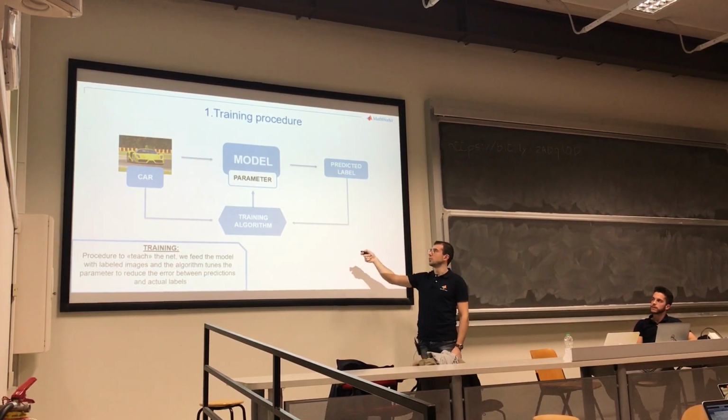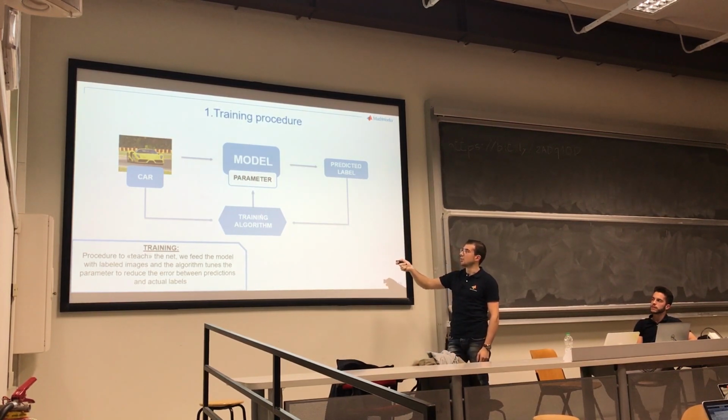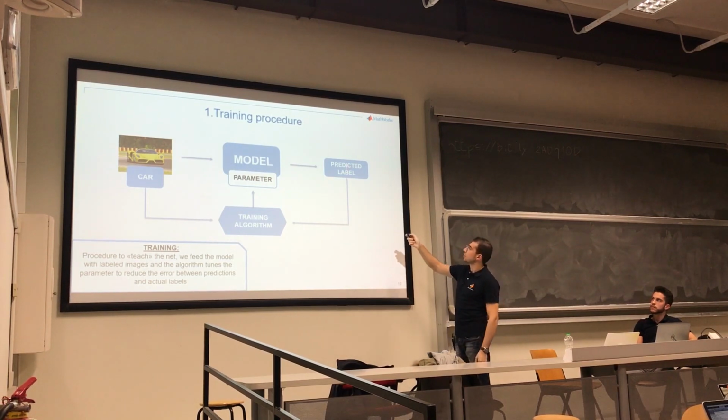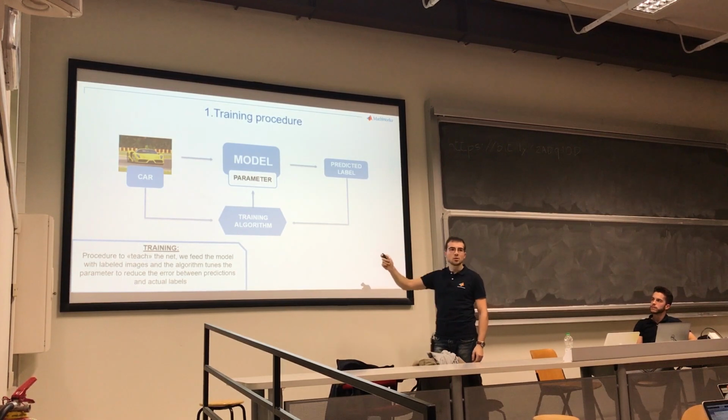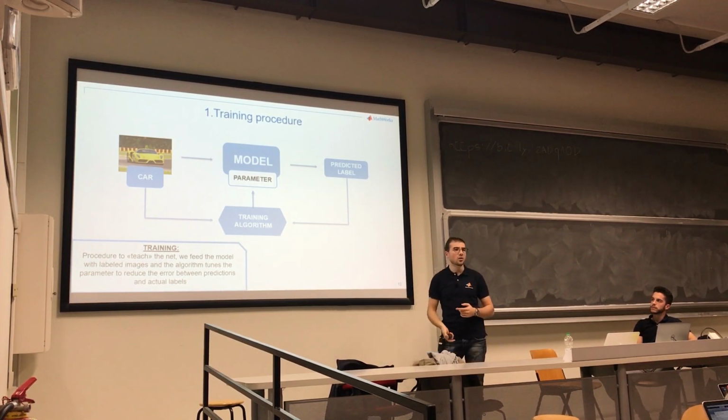So we put the image in, use the label in the training algorithm, and we classify it. If the predicted label is equal to the one related with the image, okay, the network is going well. If it's different, so the predicted label is different from car, we will fix the parameters to recognize better the next time.